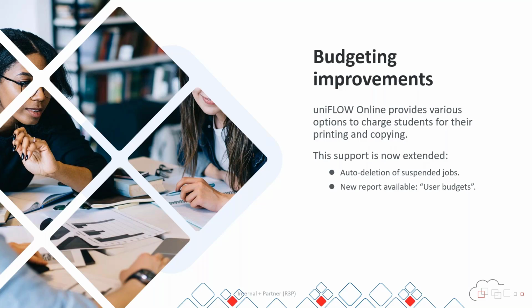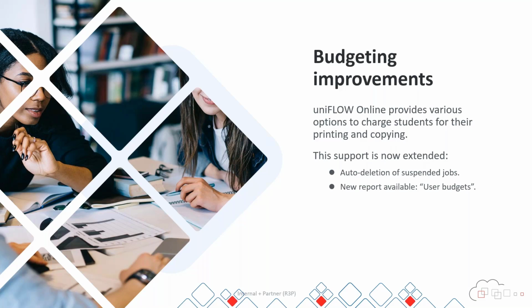So budgeting has been improved due to the automatic deletion of what we call suspended print jobs when a user logs out or when the device is in an error state. This feature prevents jobs from being released by subsequent users who may have resolved the device issue, adding some paper. So yeah, a really nice feature.